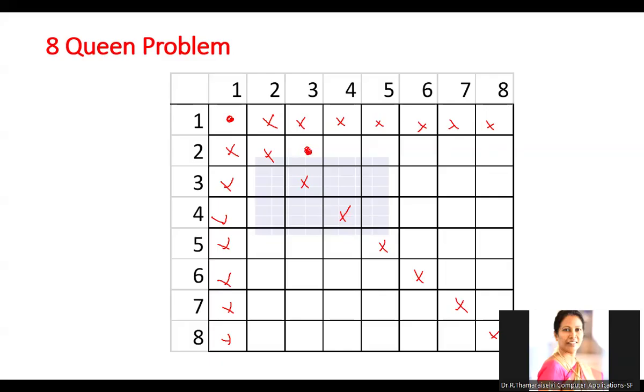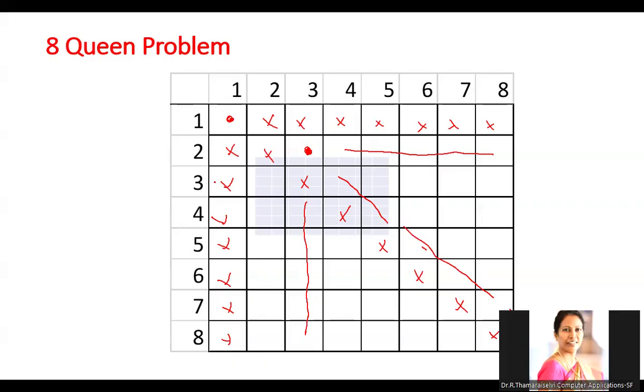If you keep a queen here, then you should not consider this. Instead of putting a star, I am putting this line. So already you cannot place it here, and also on the diagonal, here also you cannot keep a queen.